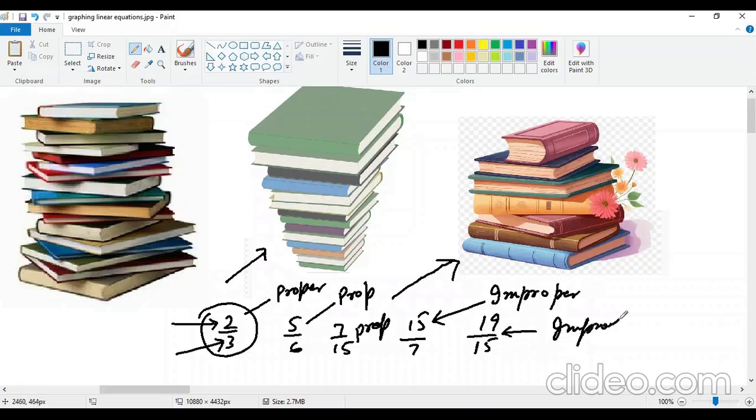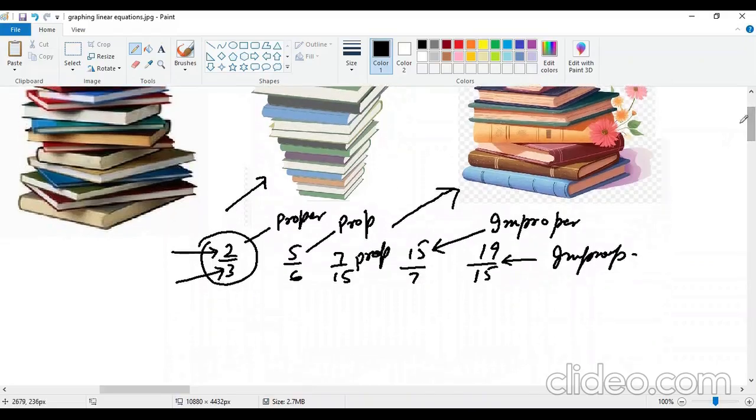What is the difference in working when it comes to proper and improper fractions? When you have, for example, 2 over 3, you cannot proceed ahead, you cannot do anything, so this is going to be your answer. When it comes to an improper fraction, for example 19 over 15, you know very well that there is one 15 in 19.